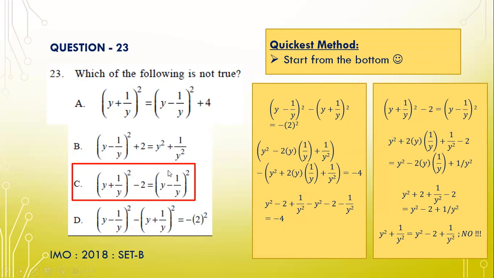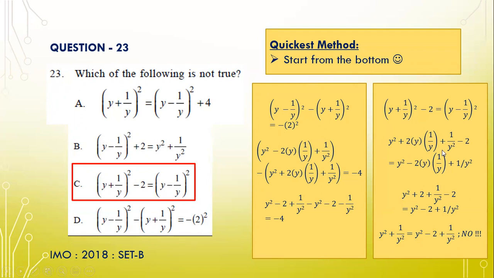Let's see option C. Y plus 1 upon Y whole square minus 2 is Y minus 1 upon Y whole square. So again square the sides, which is Y square plus 2 into Y into 1 upon Y plus 1 upon Y whole square, minus 2, which is Y square minus 2 into Y into 1 upon Y plus 1 upon Y square, which will be Y square plus 2, because Y and 1 upon Y will get cancelled.